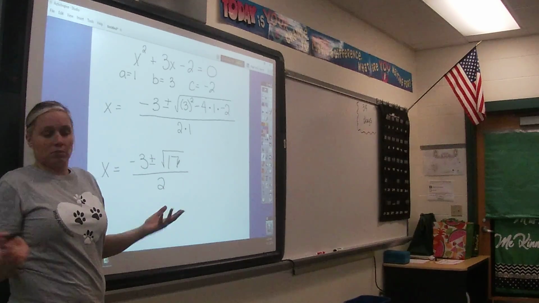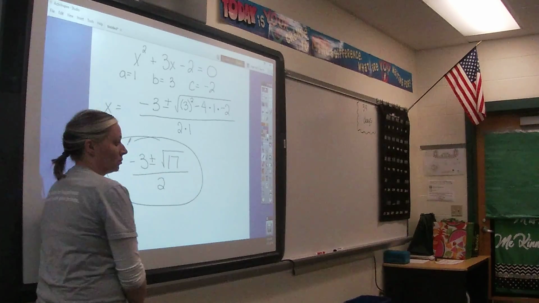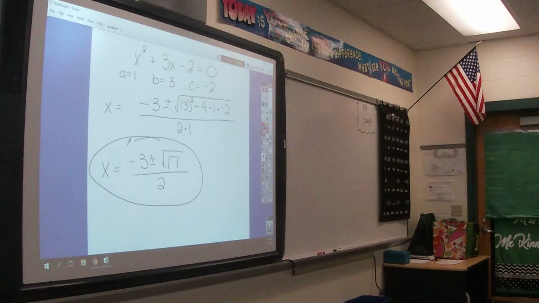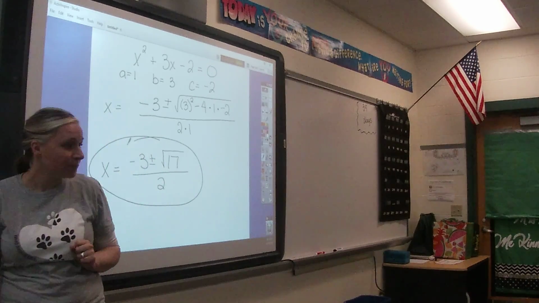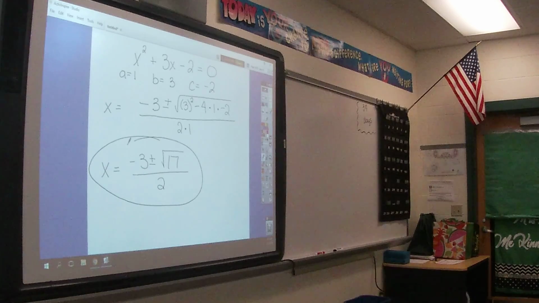No. This is my student's next favorite. I can't take the square root of 17, so I can't do anything with it. I can't add 3 plus the square root of 17 because these don't have matching radicals. So there's nothing else I can do with it there.